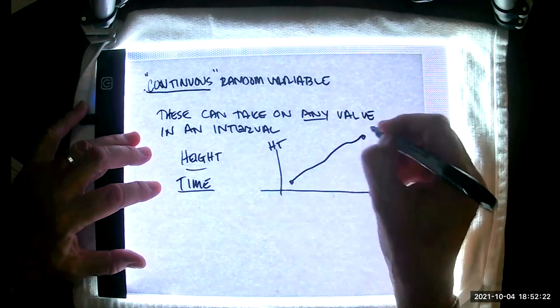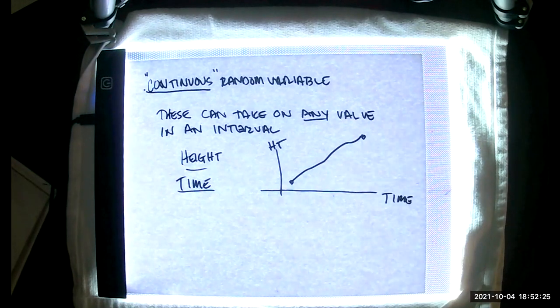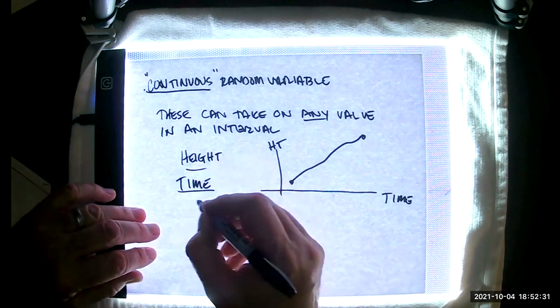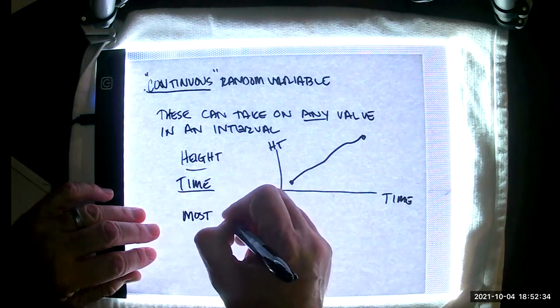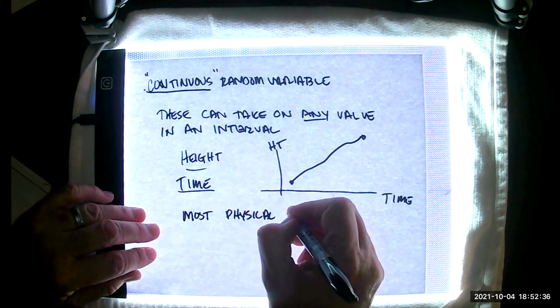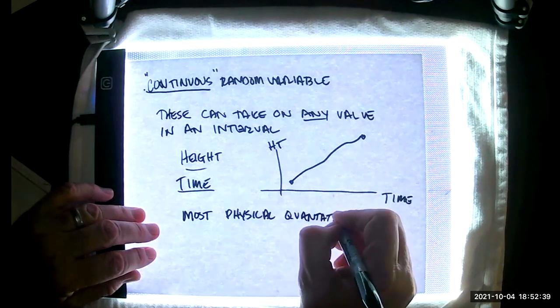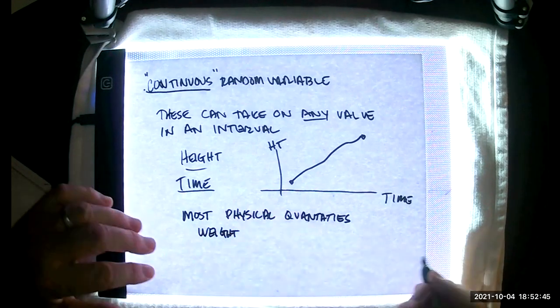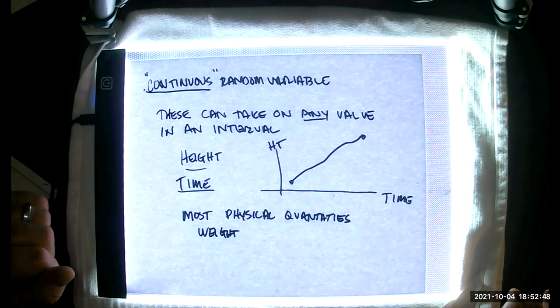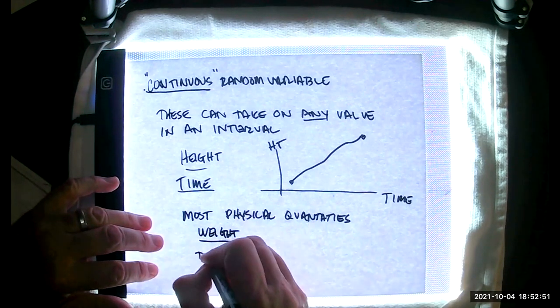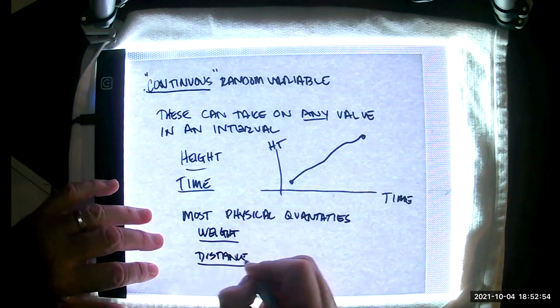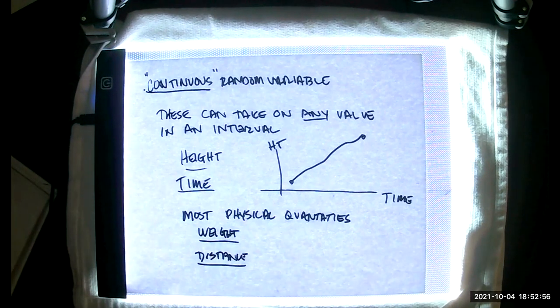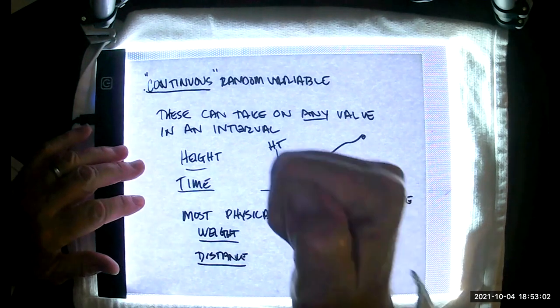They start at a particular height, they end at another height, and you don't lift your pencil while you draw that graph. That's an example of continuous random variables. Other things are most physical quantities, things like weight. We've got height, time, weight, other things, distance, which in some sense is the same thing as height. But in any case, these are examples of continuous random variables.